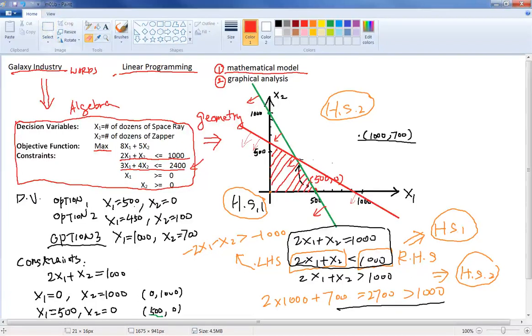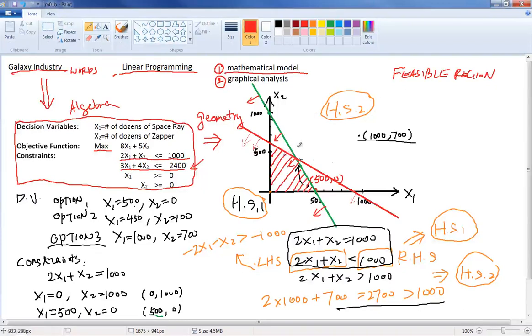Okay, so we call this region that is surrounded by the 4 edges the feasible region, because all the feasible solutions, in the context of the galaxy example, all the feasible mixtures of 2 products, lie within this region, including the 4 edges, because only these points can satisfy all the constraints.